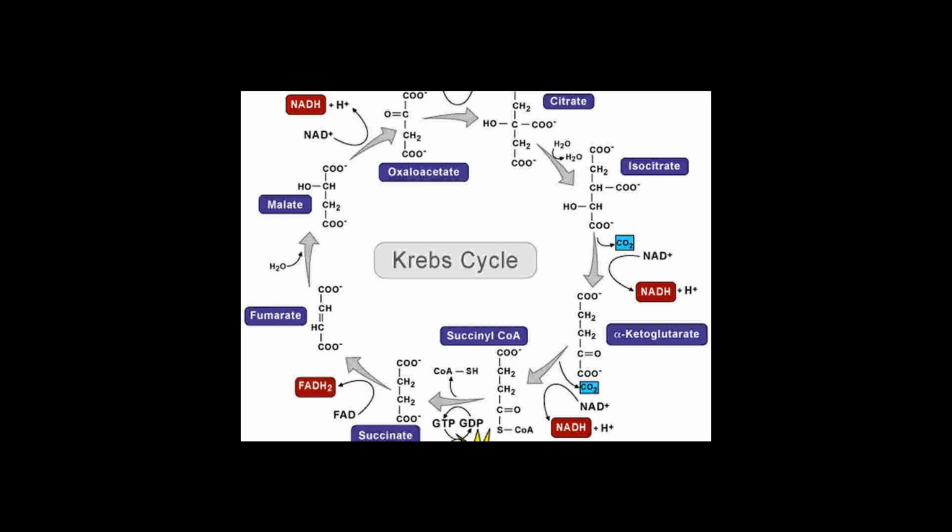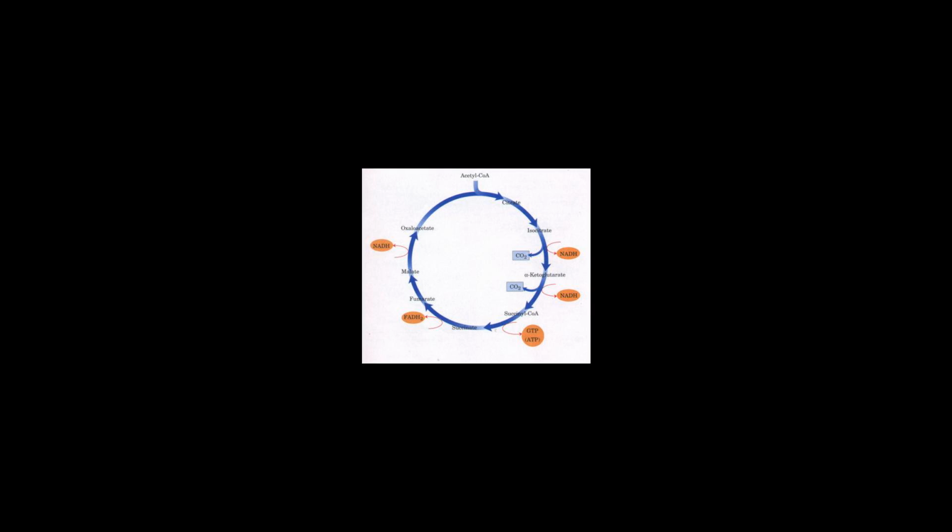One of the primary sources of acetyl-CoA is from the breakdown of sugars by glycolysis, which yield pyruvate that in turn is decarboxylated by the enzyme pyruvate dehydrogenase, generating acetyl-CoA.